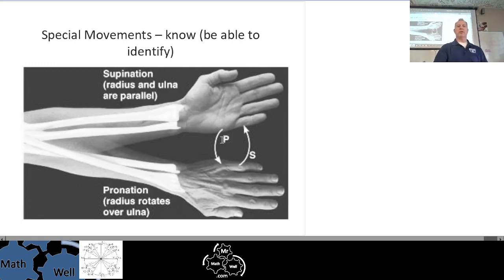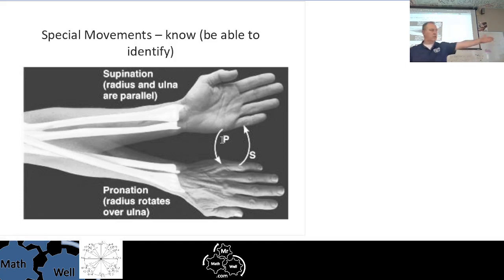When you have your thumb up and your arm is out, technically your radius and your ulna, the two bones in your forearm, are parallel. This is called supination. If you rotate your wrist down, that's a rotation, and this would be pronation, where the bones kind of get twisted from the front view.